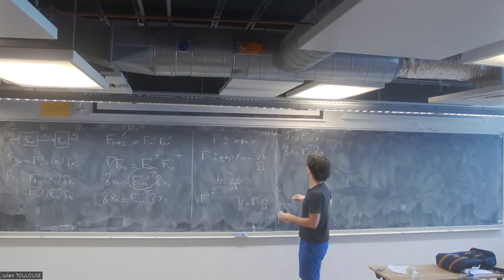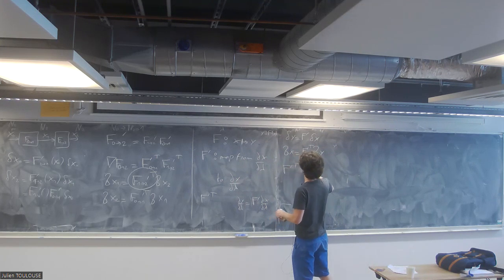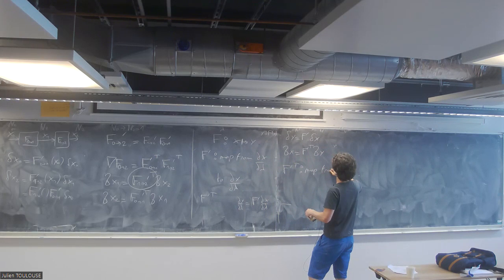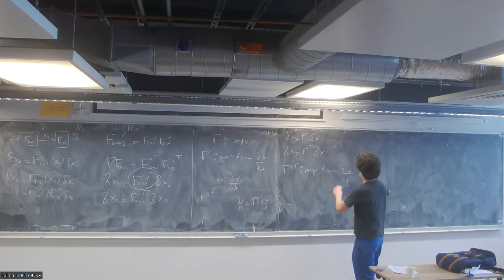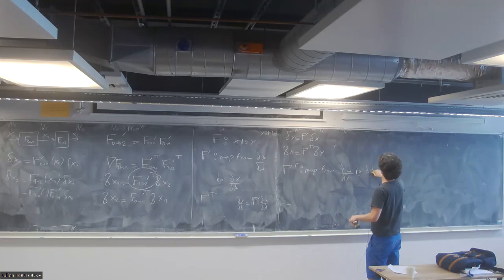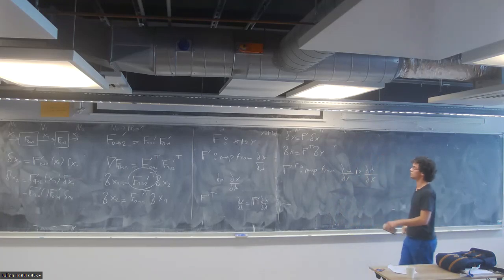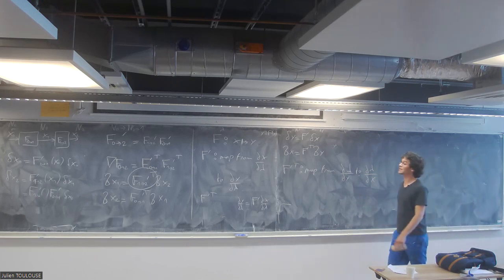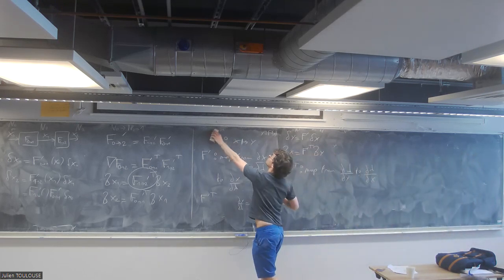What is it? F prime transpose is the map from delta lambda over dy to delta lambda over dx. So now my lambda is not at the beginning, it's at the end.